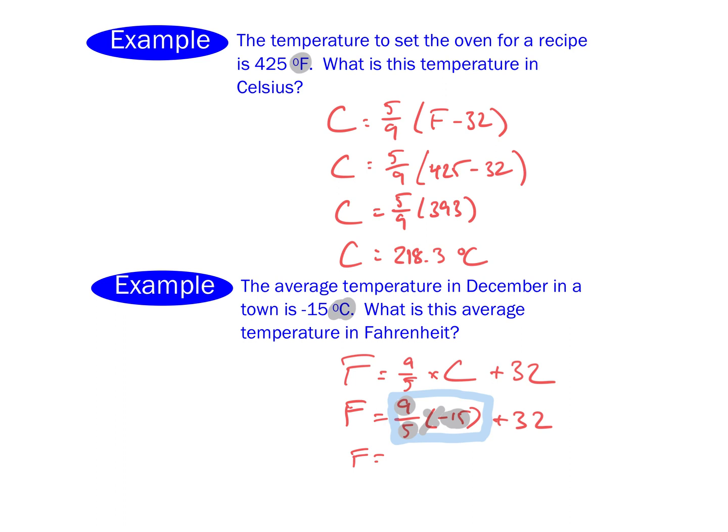And when we do that all in one step, even if you forget the negative for a second, 9 divided by 5 times 15 is 27. And there's one negative, so it's going to be minus 27 plus 32, which is 5 degrees Fahrenheit. So the answer is 5 degrees Fahrenheit.